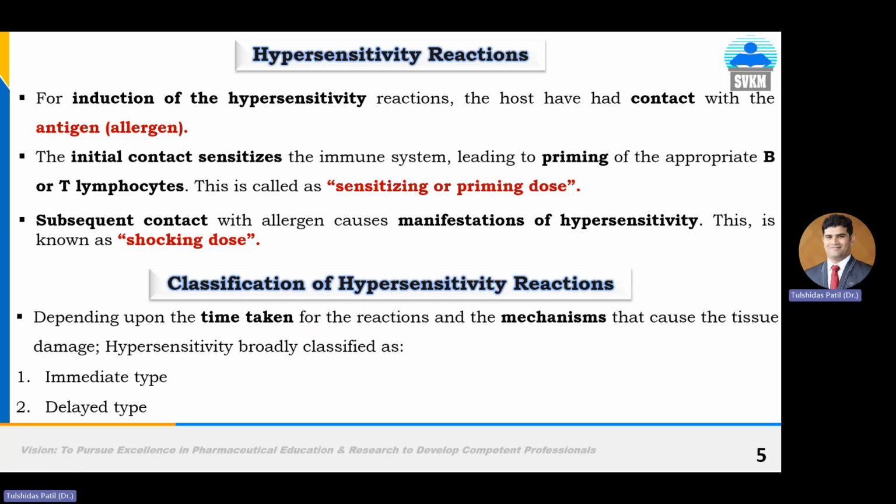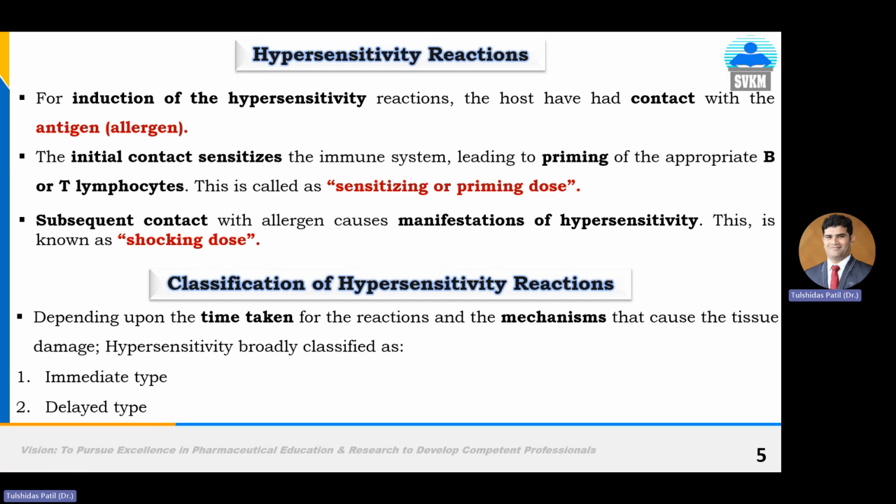For induction of hypersensitivity reactions, that person must have had contact with the particular antigen, which is referred to as an allergen. When that person gets initial contact, it sensitizes his or her immune system. That leads to priming of the immune response, either by activation of appropriate B cells or T lymphocytes.